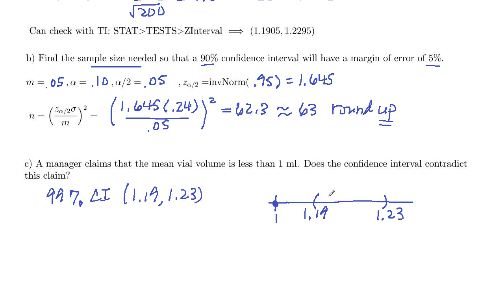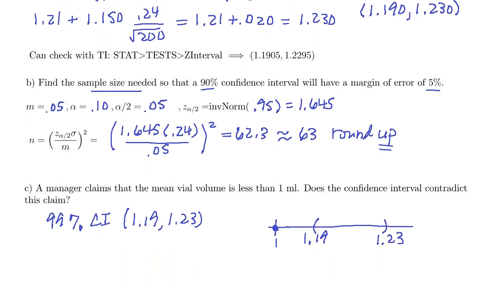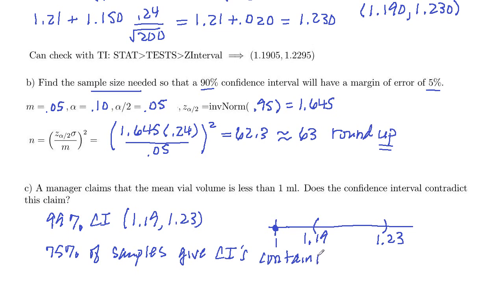Well, this is a 75%, I'm sorry, which confidence do we have here? Yes, 75%. That's a 75% confidence interval. So what that means is that 75% of samples will give confidence intervals containing the population mean, mu.